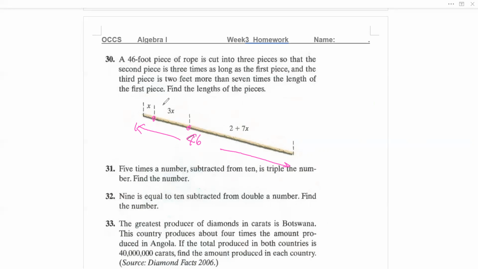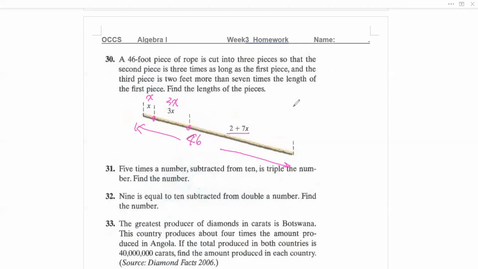So the first piece is unknown, so the given is x, right? The second one is 3 times x. And the third is 2 feet more than 7 times the length of the first piece. So it's 7 times x and add 2 more, right? Find the length of each of the pieces.